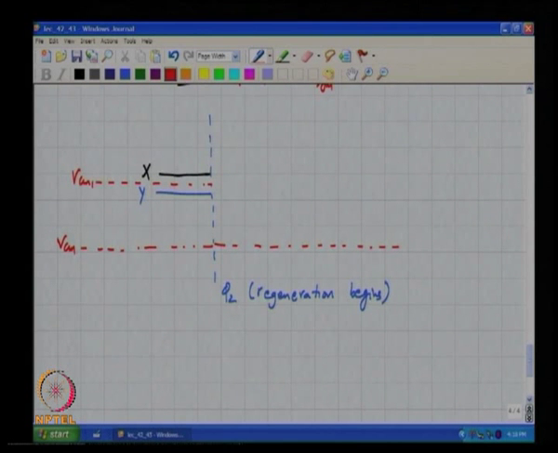The common mode will attempt to go from VCM1 to VCM in a very, very short time, corresponding to the time constant, which again depends on the gm of the inverters, okay. And at the same time the differential mode regeneration is also attempting to happen. Is that clear?